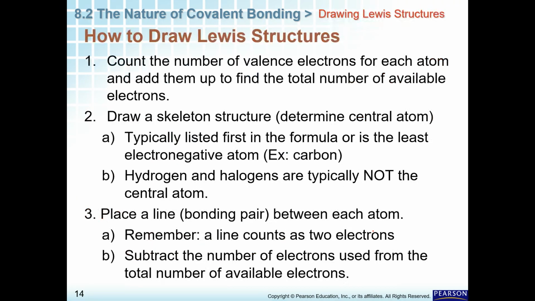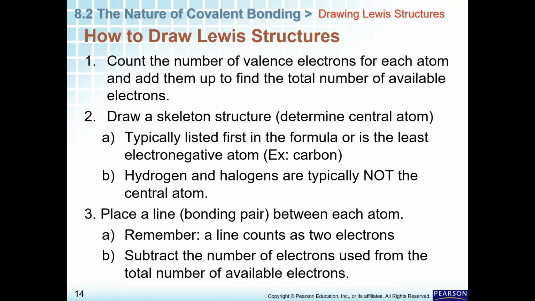Now, how do we actually draw these? How do we come up with these and figure out what kind of bond I'm having and who's bonded to who? So here is a list of rules that we're going to go over and give some examples of how to draw these. Rule number 1 is we have to count up how many valence electrons each atom has in order to figure out how many available electrons I have to work with. Again, you can't have less or more than the allotted amount.